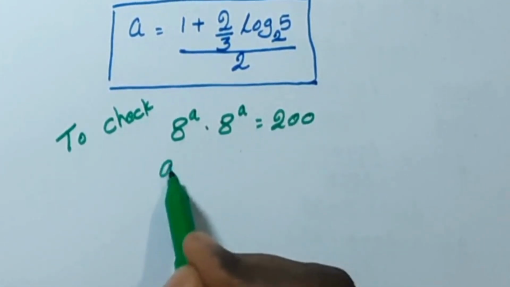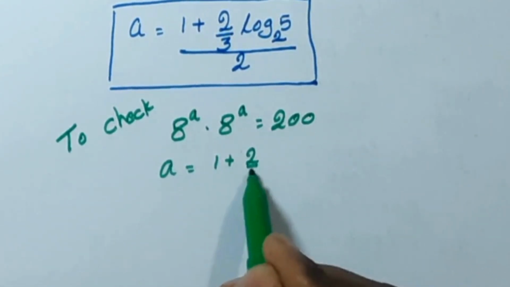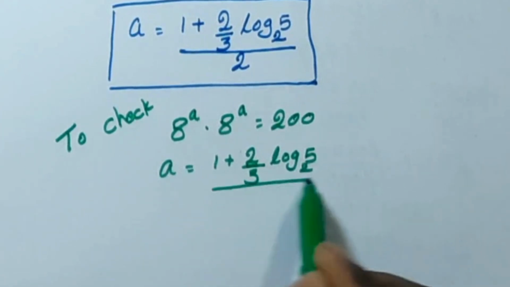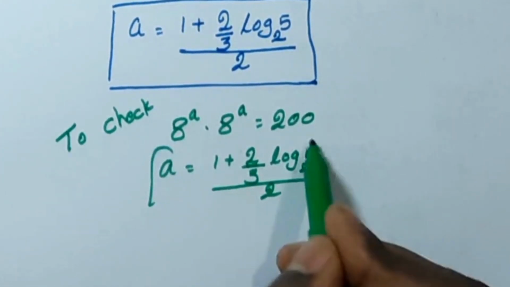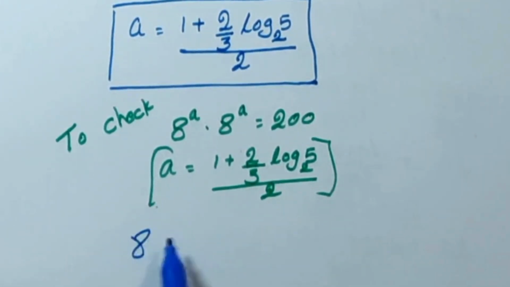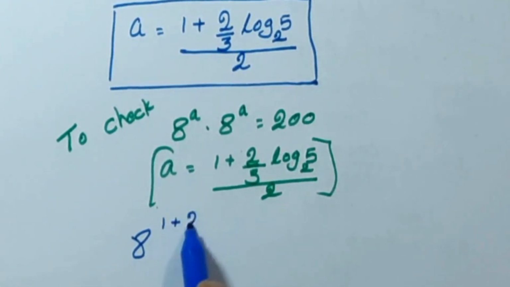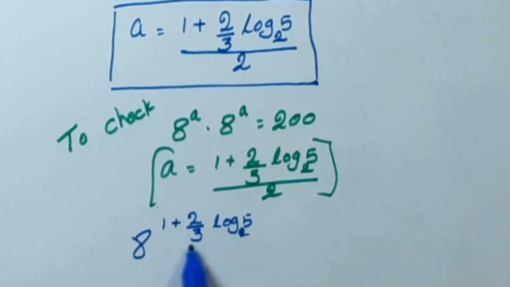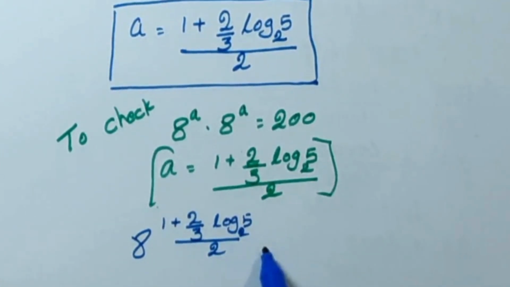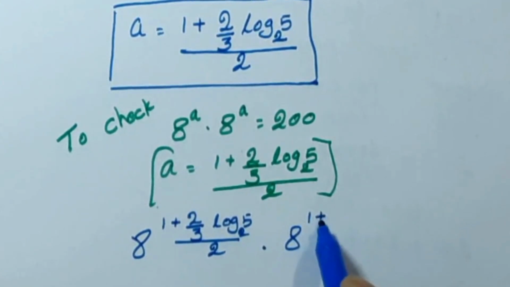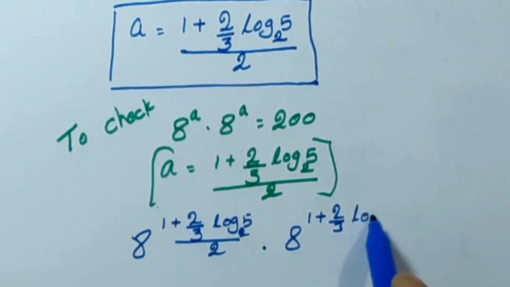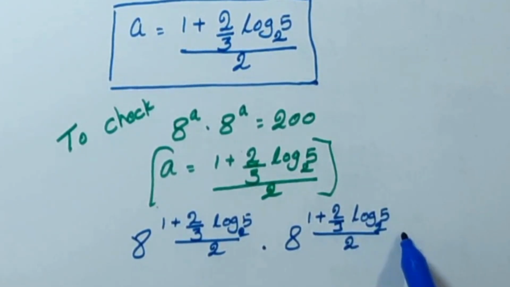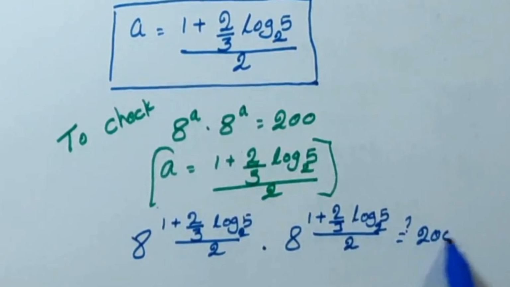Now a is (1 + (2/3) log 5 base 2) / 2. So 8^((1 + (2/3) log 5 base 2)/2) times 8^((1 + (2/3) log 5 base 2)/2) = 200.